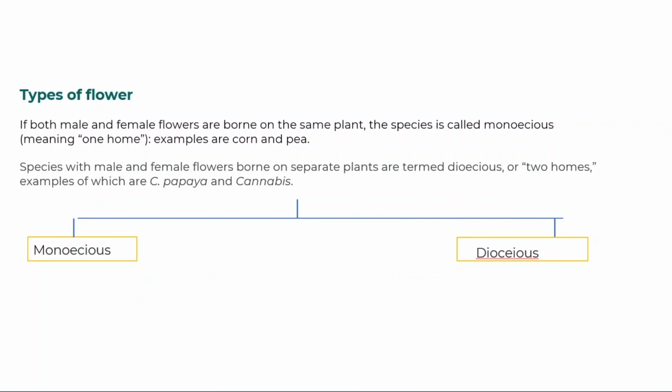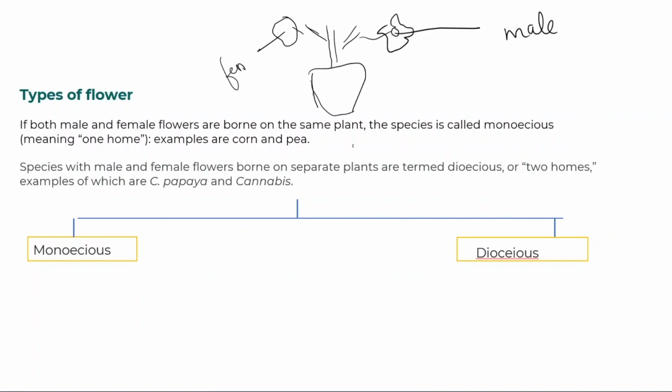Now, if both male and female are born on the same plant, for example, this is my pot, and I have this plant, and some flowers have male organs and some branches have female flowers. I'm not saying that a single flower has both organs. I'm saying some flowers have male organs, or we could say androecium, and some flowers have females.